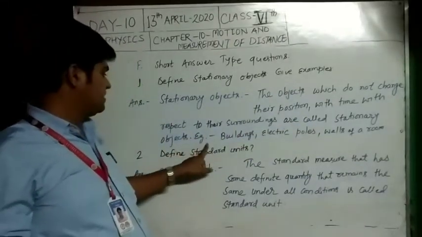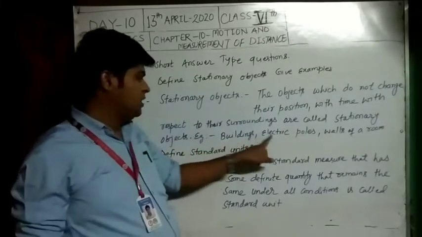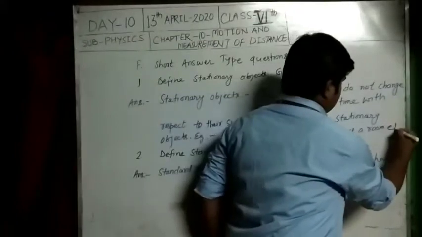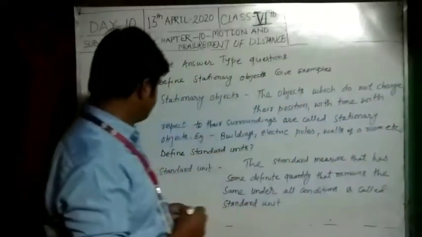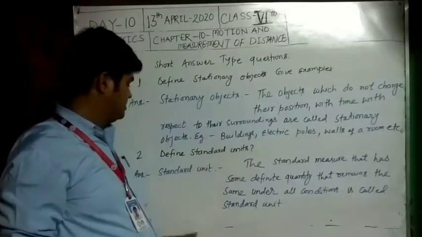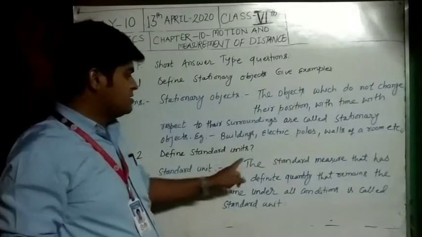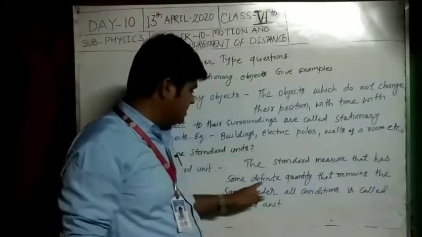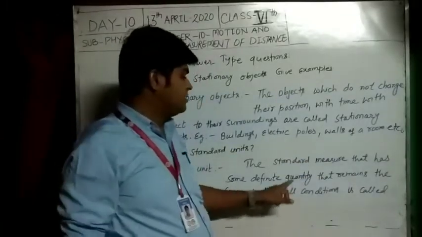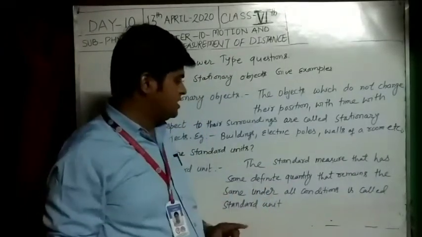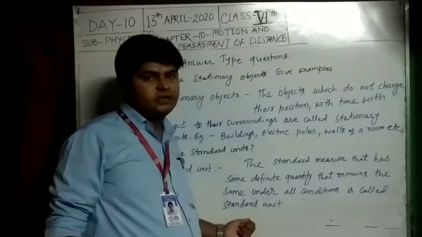For example, buildings, electric poles, walls of a room, etc. Second question is define a standard unit. The standard measure that has some definite quantity that remains the same under all conditions is called a standard unit.